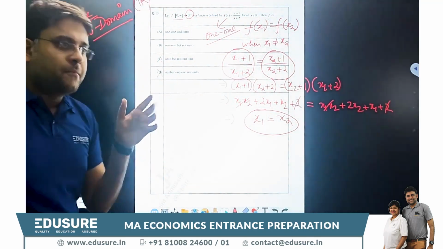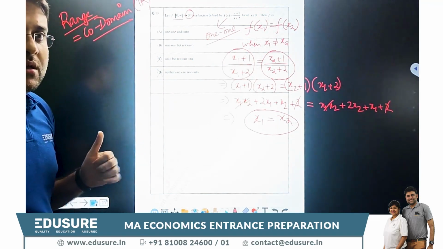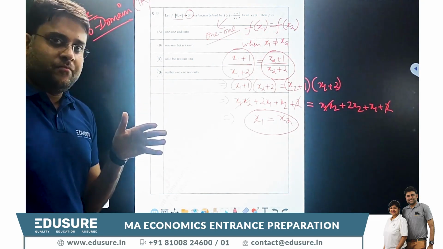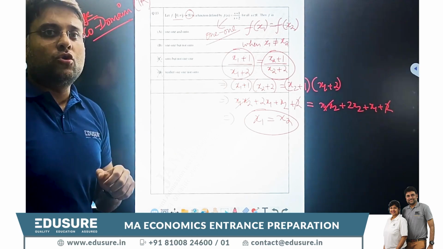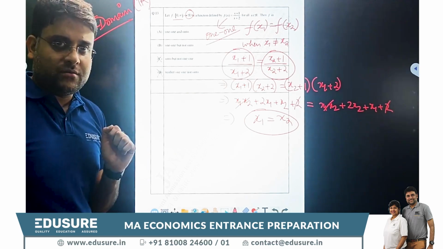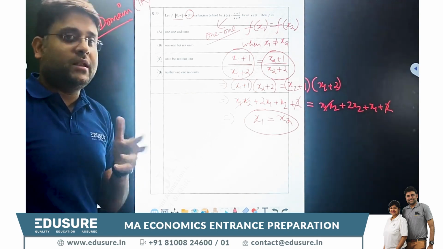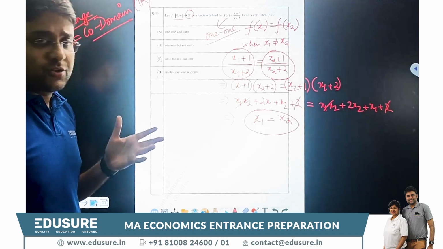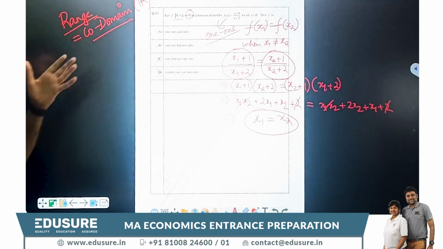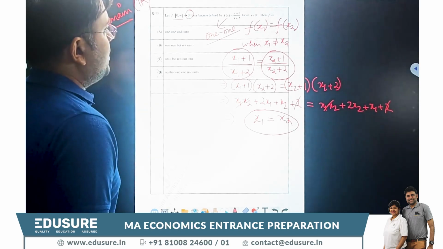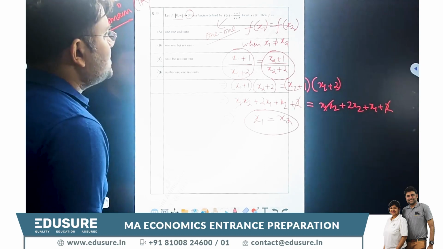Find out the range. If the range is not equal to the codomain, then it is an into function. If the range is equal to the codomain, then it's an onto function, right? So let's make an attempt to find out what the range is.